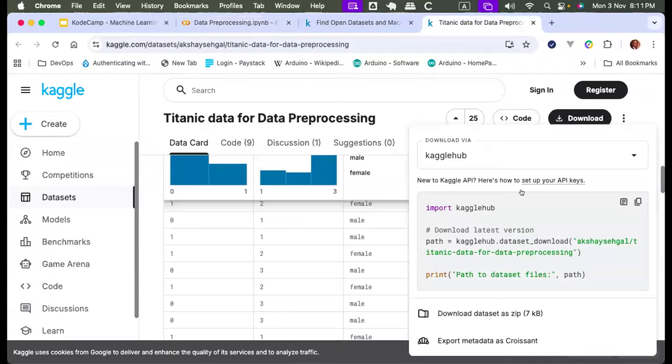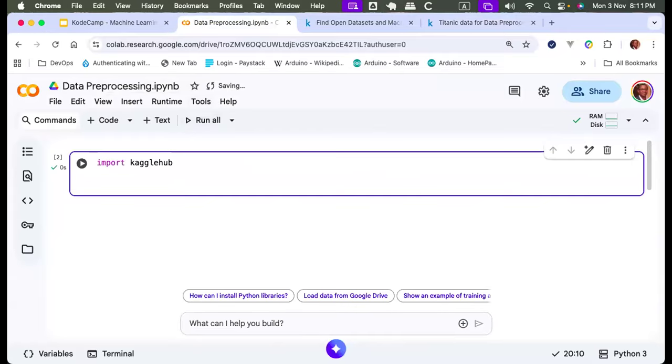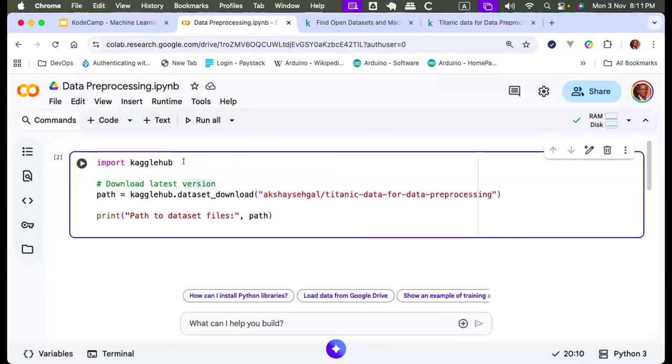Okay, so now I'll go here. So this is how I can get this version. I'm just going to copy this code. I'm not going to spend a lot of time trying to do that. They've given us that. So the way you do it is you import Kaggle Hub. I will even go to the extent of saying, okay, as KH, so KH.dataset_download. So I specify this dataset.